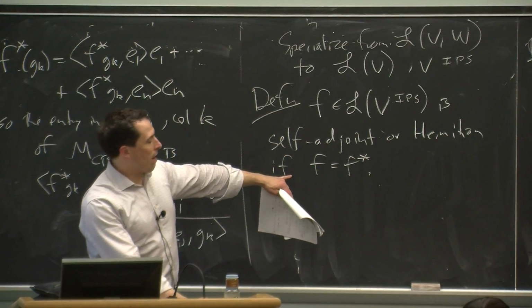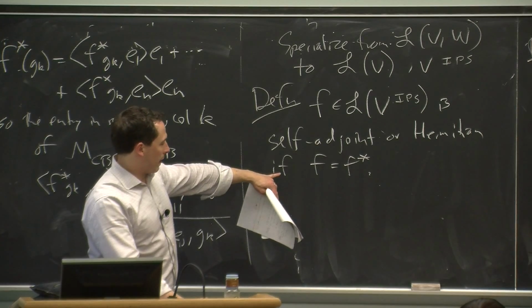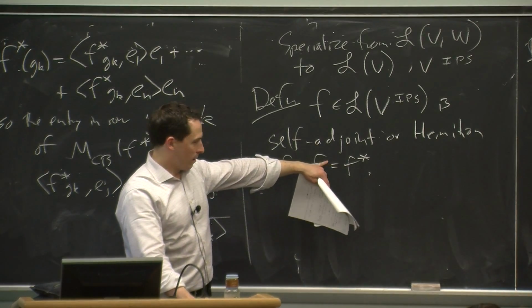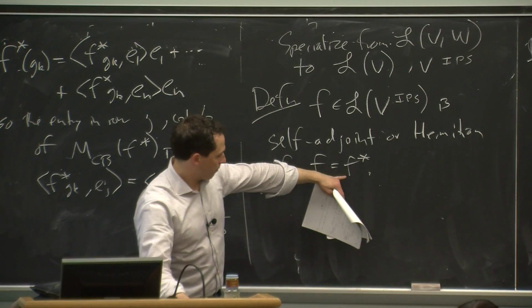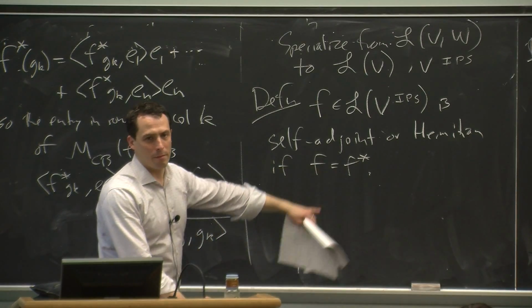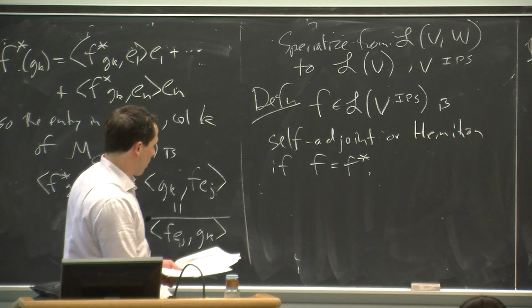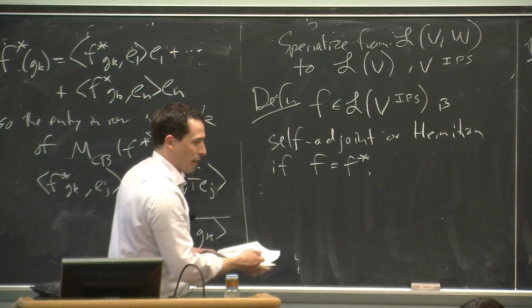If I have an orthonormal basis, it also says that a real matrix is self-adjoint if it's symmetric, right? Because the conjugate part of the conjugate transpose goes away.